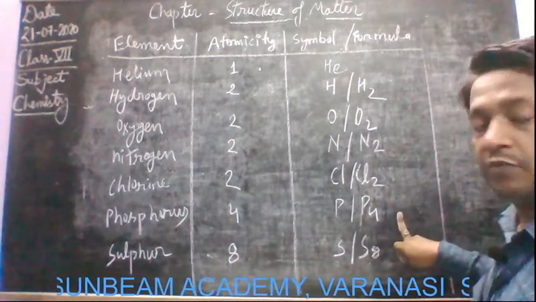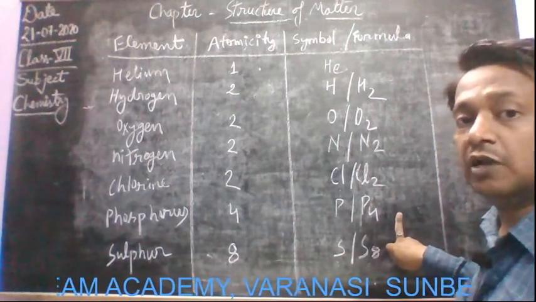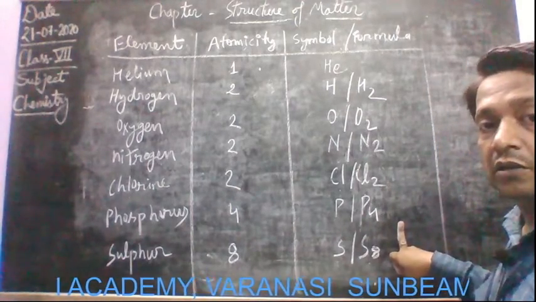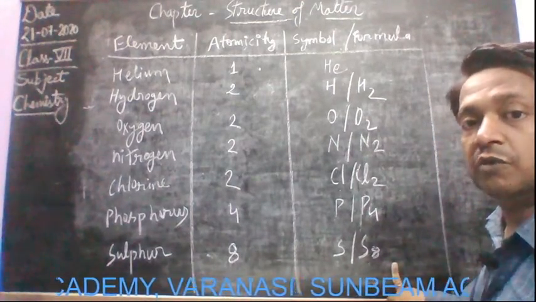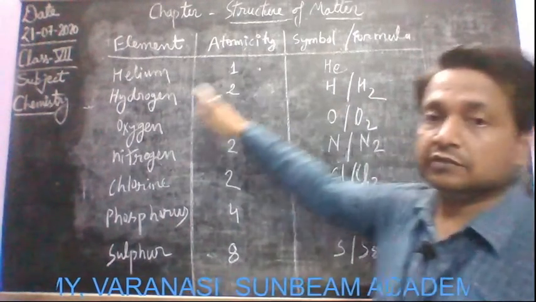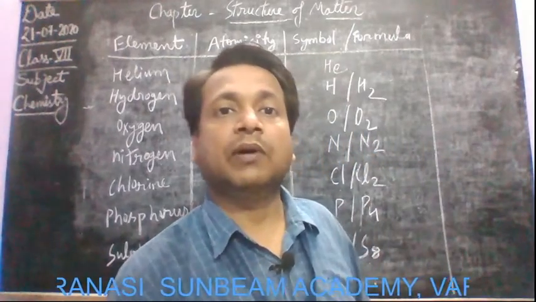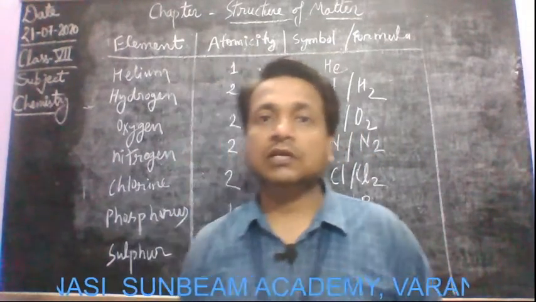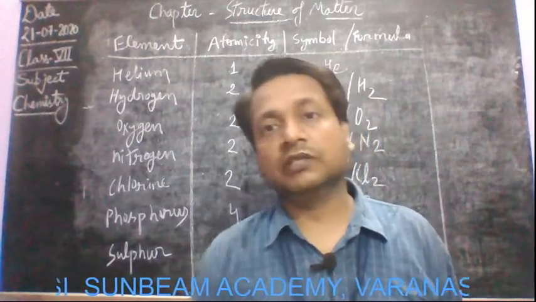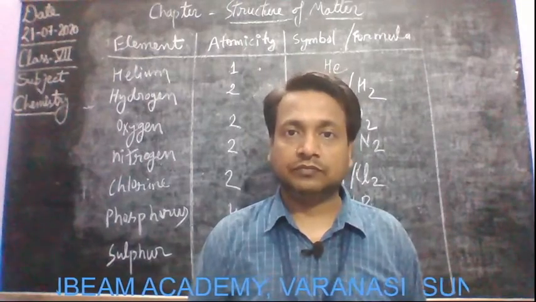And these are polyatomic, so one molecule of phosphorus has the formula P4, and one molecule of sulfur has the formula S8. So this table is going to give you the complete information about the atomicity of the elements along with their symbols or formulas which are used to denote them.